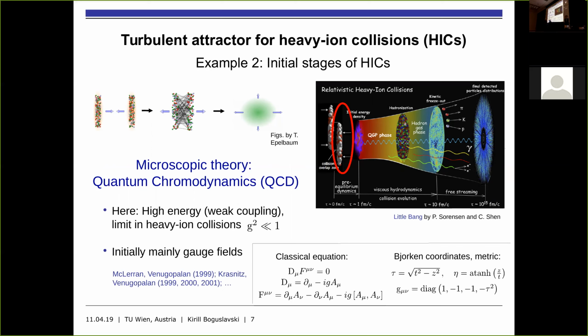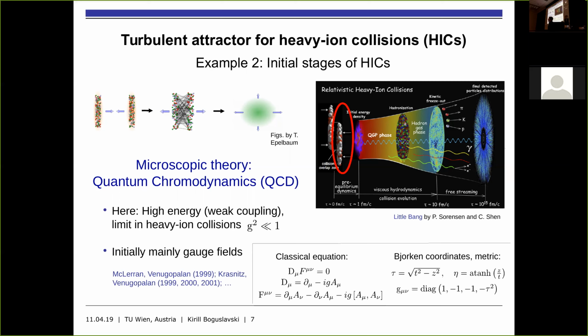After the collision, you get a very highly correlated system, and you can describe it with very large fields that Larry has also described in his papers. And this field behaves in a very highly correlated way.